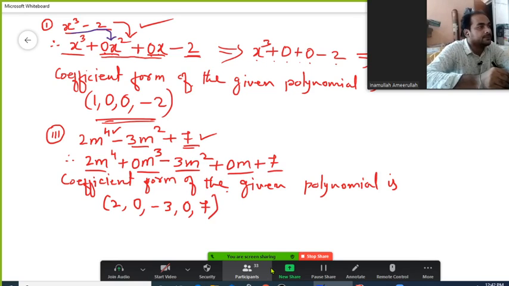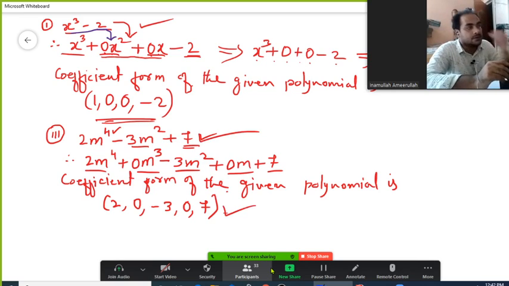It is plus 7. Okay. So this is the coefficient form of this given polynomial. So this is the way to find out the coefficient form of the given polynomial.